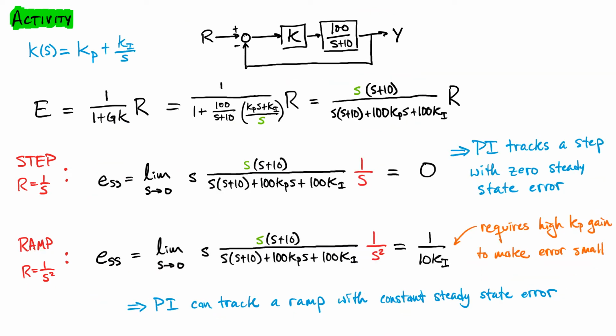So now we're going to move on to our integral control. Again, similar to what we did in the mass spring damper, we're going to use the same starting point here, but now our K is going to be both proportional control and integral control.